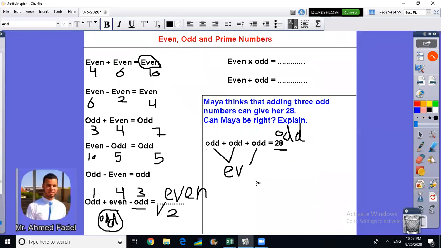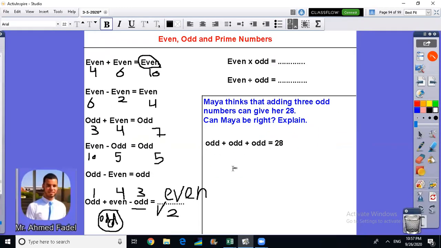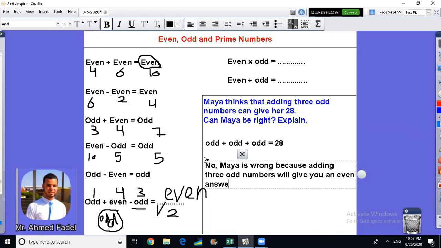So my answer here would be, let's erase this: no, Maya is wrong, because adding 3 odd numbers will give you an odd answer.